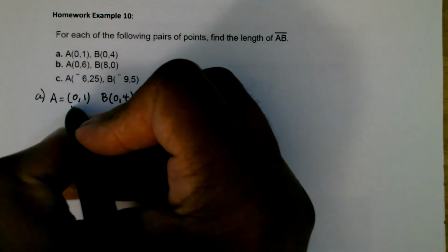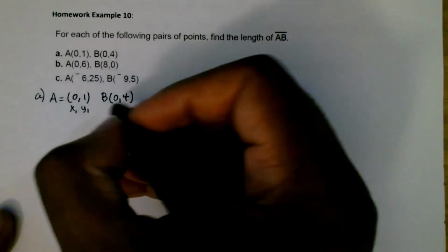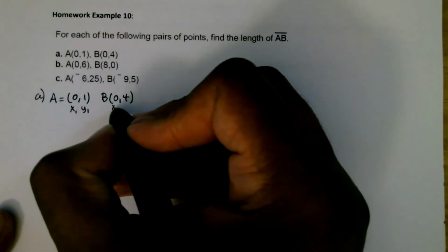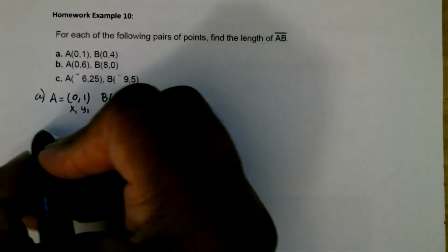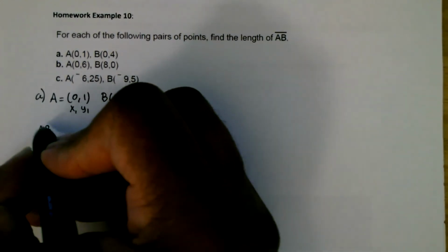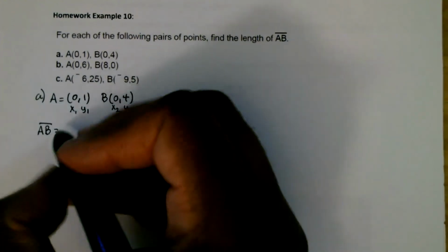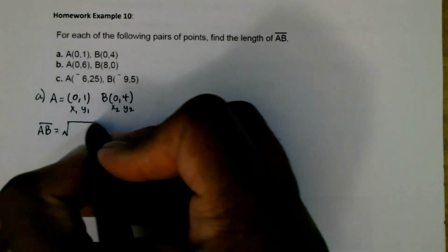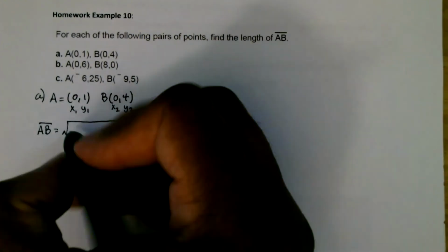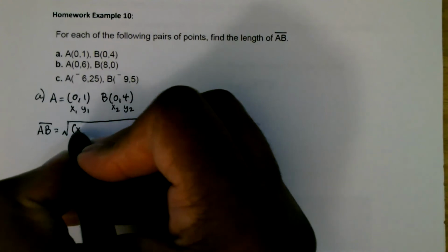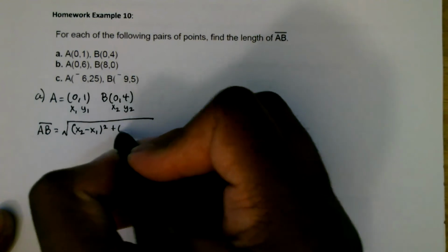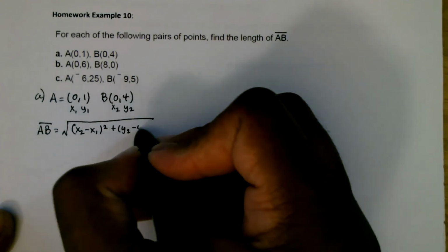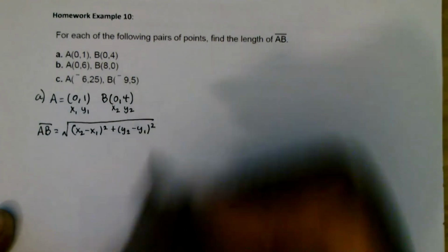A is (0, 1) and B is (0, 4). This first ordered pair, x1 will be 0, y1 will be 1. The second ordered pair, x2 will be 0, y2 will be 4. So that distance will be the square root of x2 minus x1 quantity squared plus y2 minus y1 quantity squared.